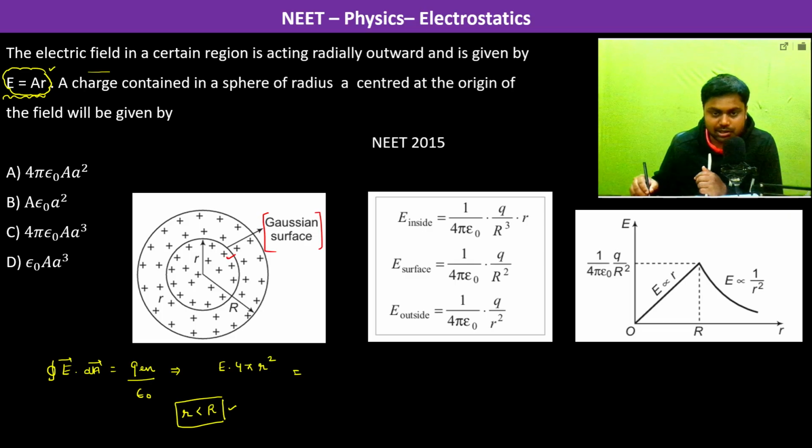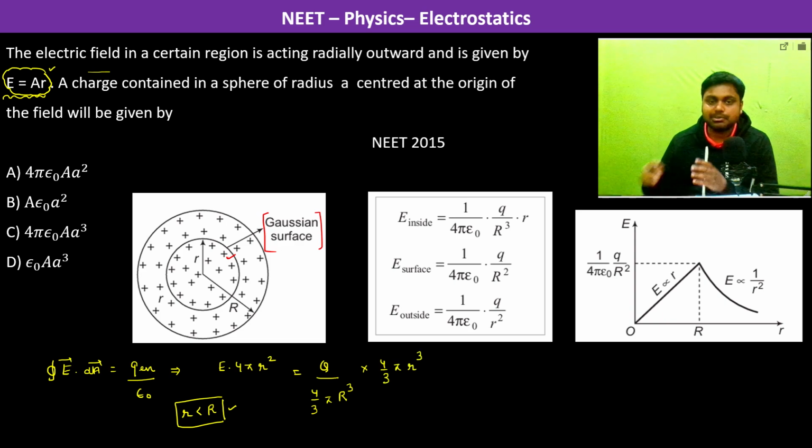Now the total charge is Q, so Q divided by 4 by 3 pi R cubed, into 4 by 3 pi small r cubed. That much charge is enclosed, and this is divided by epsilon naught.